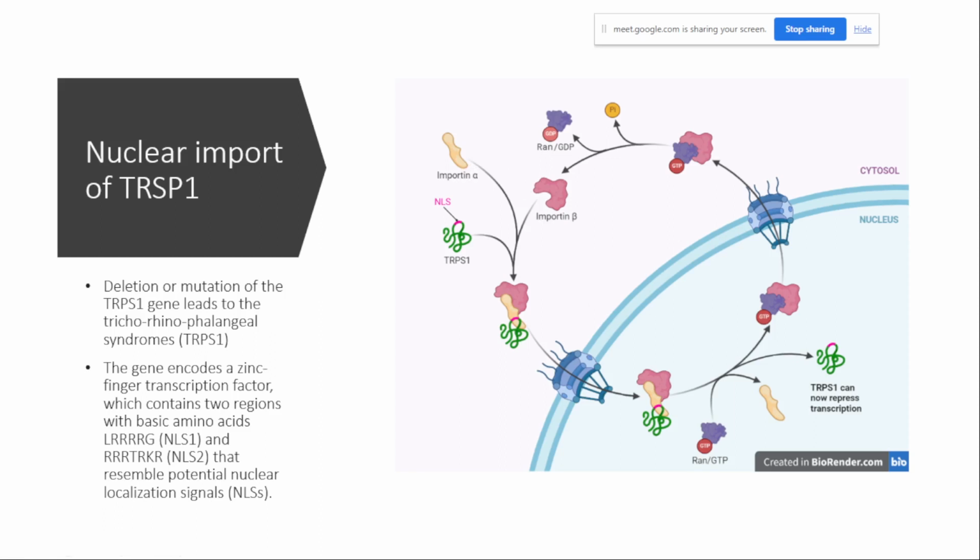So if you don't have an NLS, you can interact with a protein that has an NLS, and by interacting with it you can go inside, because if that protein has an NLS, it can interact with importin alpha, and then importin beta will come, and you will go inside the nucleus. Is it clear? No doubt, right?